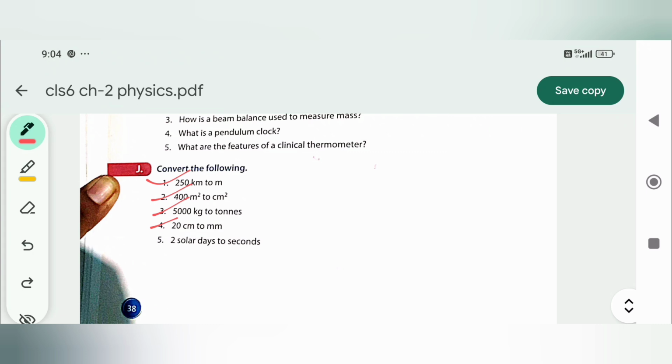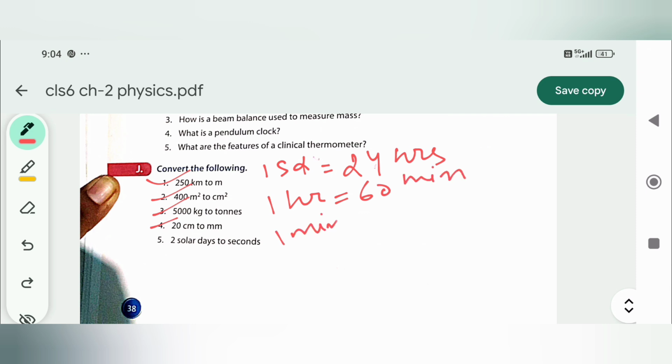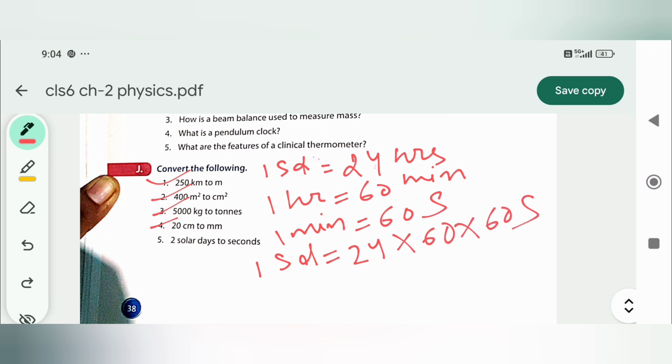Number 5, 2 solar days to seconds. So 1 solar day is equal to 24 hours. 1 hour is equal to 60 minutes, and 1 minute is equal to 60 seconds. So 1 solar day is equal to 24 multiplied by 60 multiplied by 60 seconds.